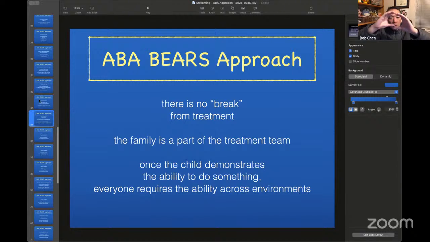But what we have seen is that in treatment, the families that we have failed with are the families that can't even remotely do what we do, when there's a large discrepancy between what we do and what the parents do. In these occasions, the child develops two personalities, what we call an on personality and an off personality.